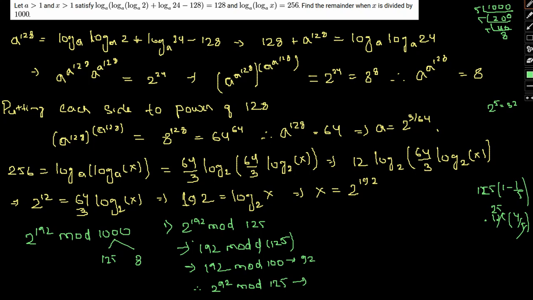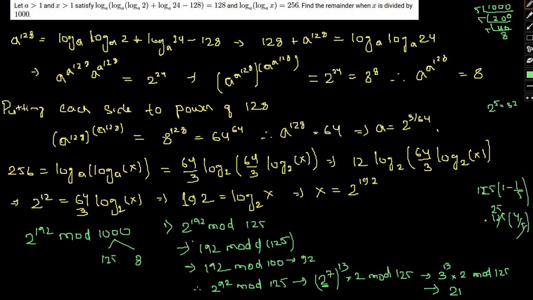This can be written as 2 to the power 7 into 32 to the power 13, and 2, mod 125. Now 128 divided by 125 gives remainder 3, so we get 3 to the power 13 and 2, again mod 125. If we further solve this, it basically gives us a remainder of 21.